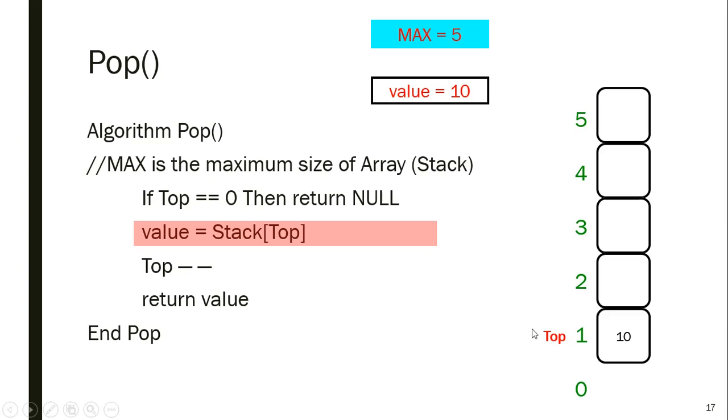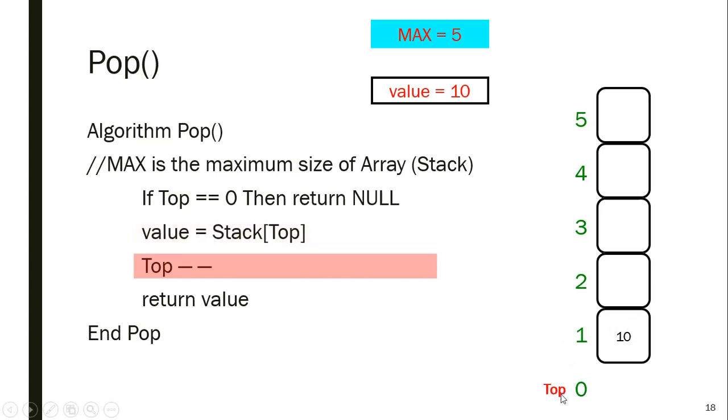And because pop means I am not going to access this value, I will decrement the top. It means top is 0, there is nothing on the stack. We know there is 10, but we can only access the value that is pointed to by this top variable.